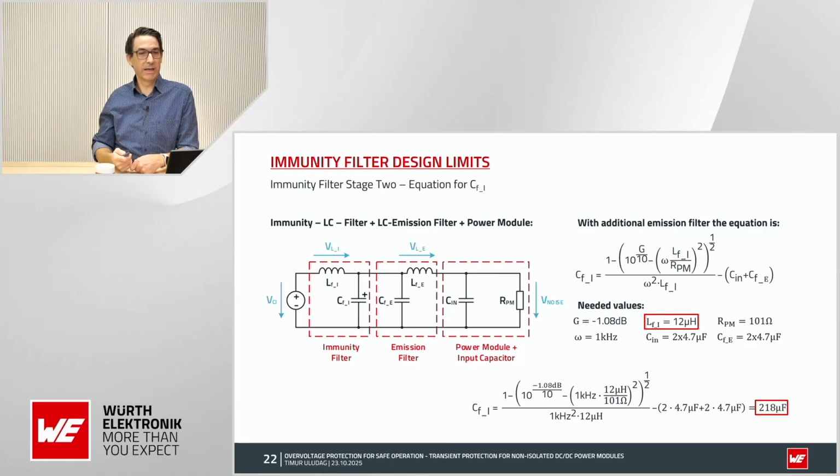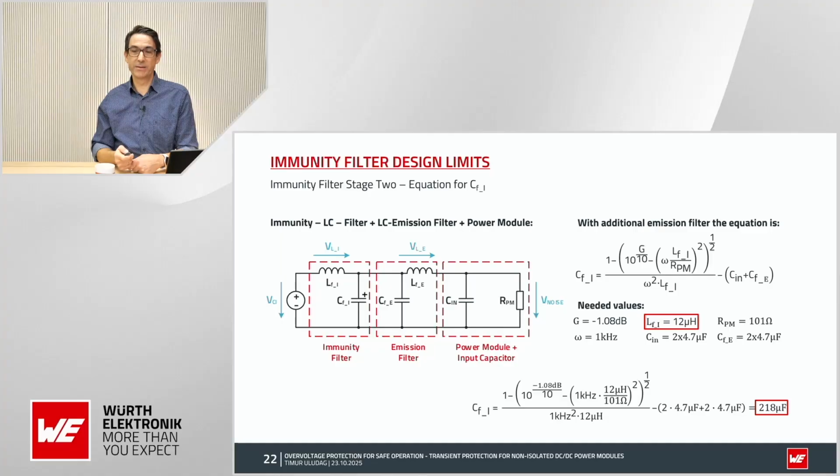As LFI is in series with the application and therefore its RDC causes unwanted losses, the inductor with the smallest possible RDC has to be chosen. So we end up with something at about 12 microhenry.